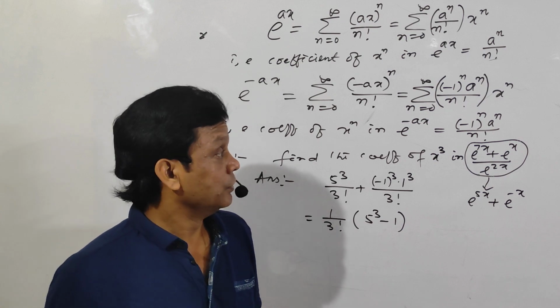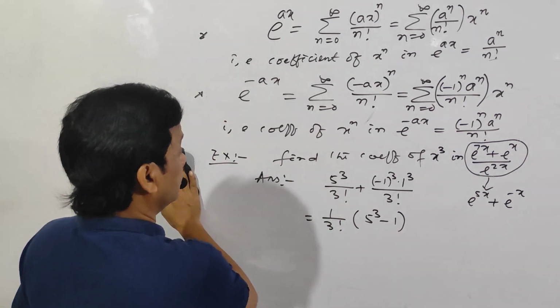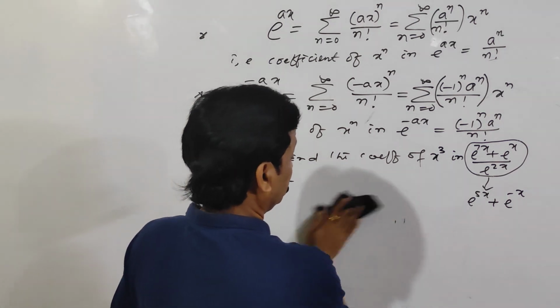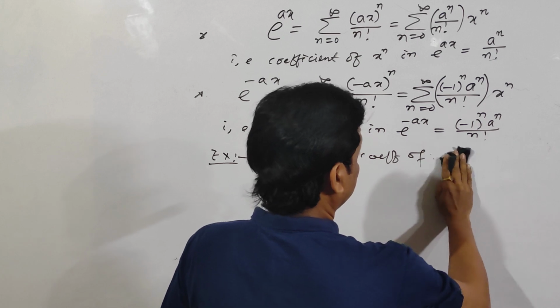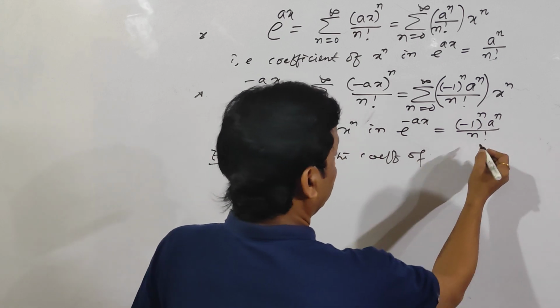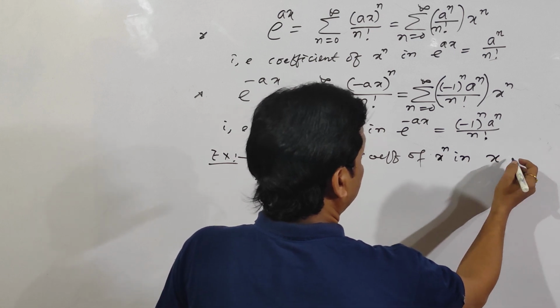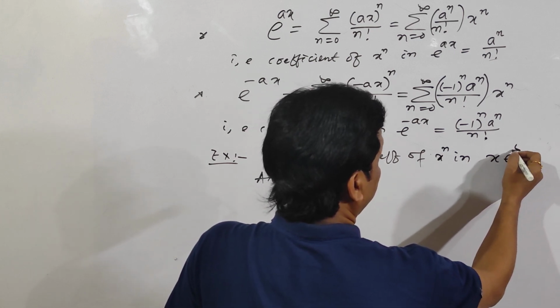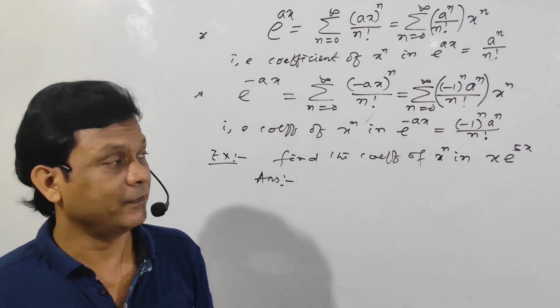Okay. And the last one I am going to tell you is how to find out the coefficient of x to the n in x into e to the power 5x.